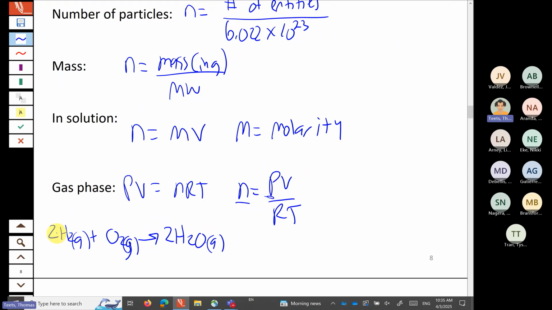If we know those, we could say that 2 atmospheres of hydrogen and 1 atmosphere of oxygen react to make 2 atmospheres of water. Again, it's because of this relationship that states that the number of moles is proportional to pressure and to volume. So mole ratios in a chemical equation can also be interpreted as either volume or pressure ratios for things that are gases.